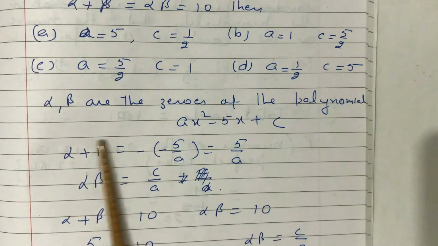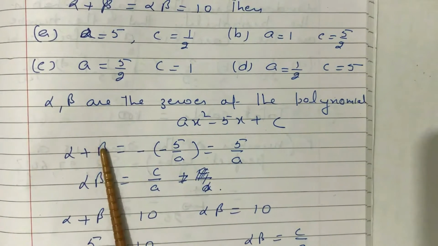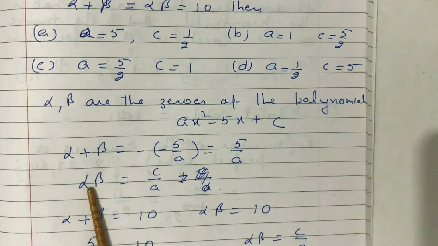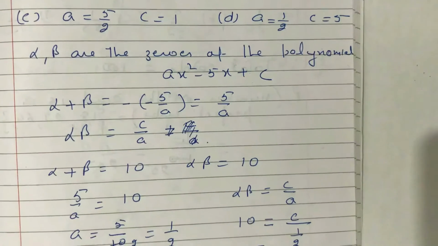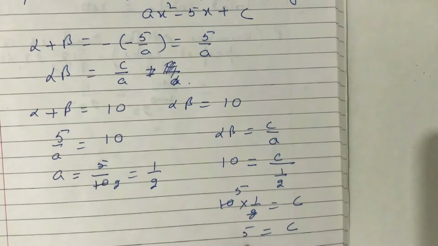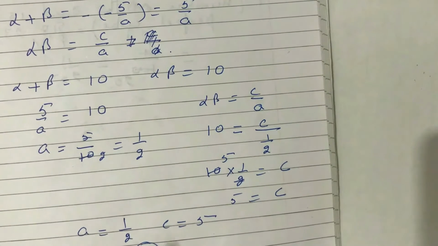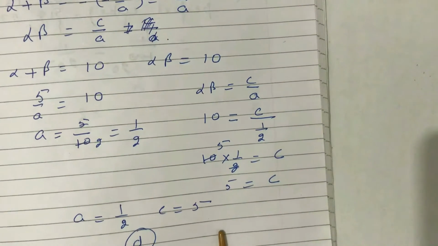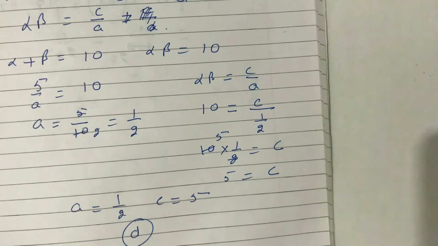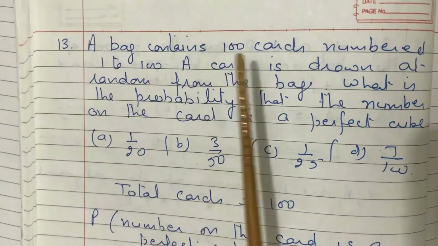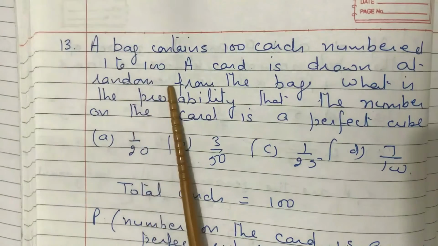It means instead of alpha plus beta I am going to write 10, instead of alpha beta I am going to write again 10. So after solving this, you will get value of A and C. Value of A will come out to be half and value of C will come out to be 5, and D is the option.